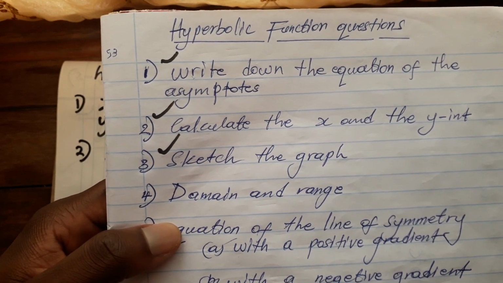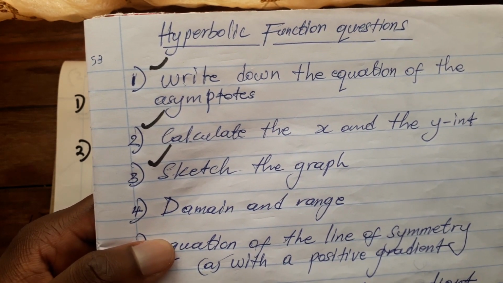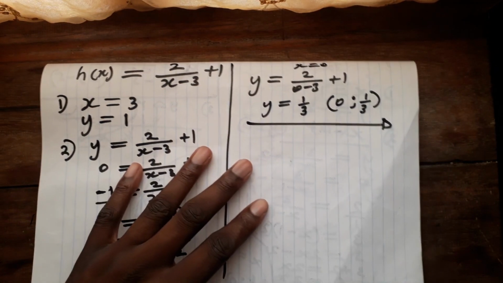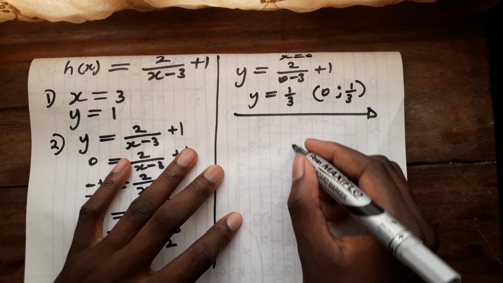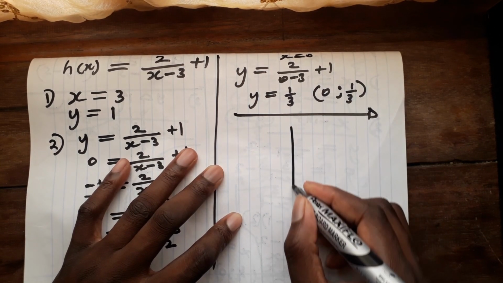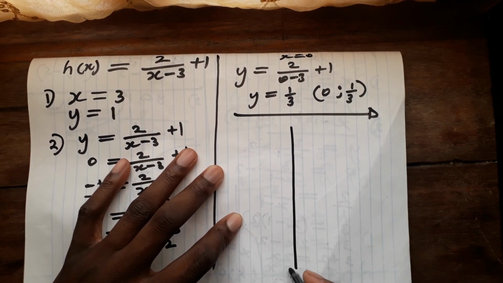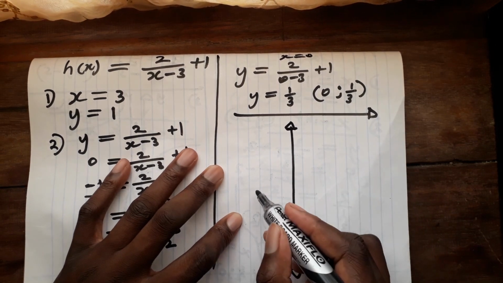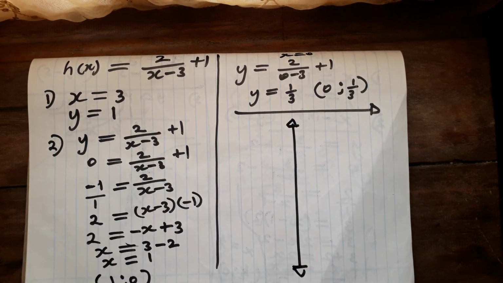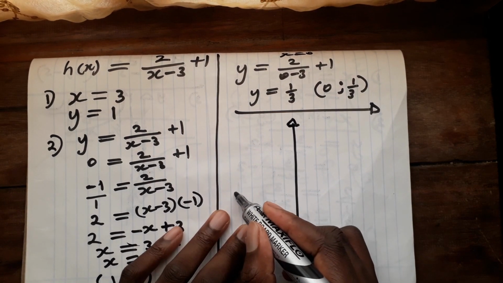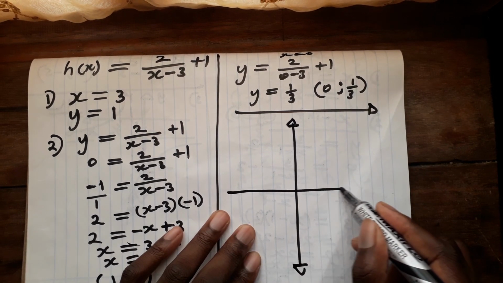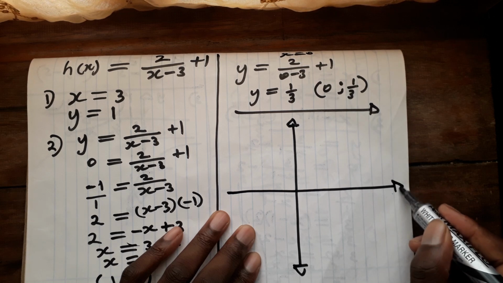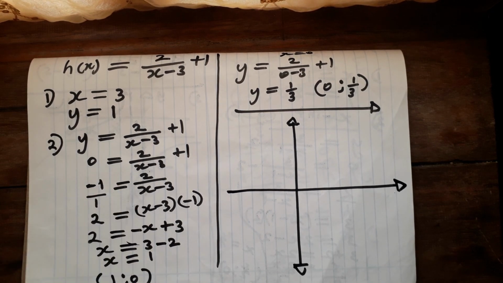Sketch the graph. We are going to sketch this function. Let's draw a Cartesian plane. Okay, this is our Cartesian plane.